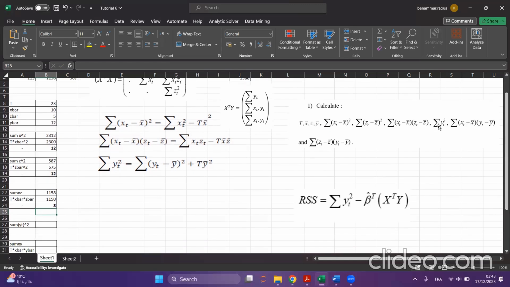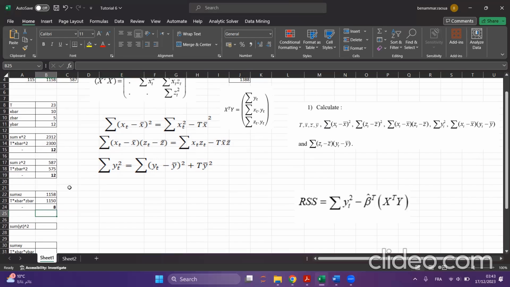Next, we're asked to determine the sum of yt squared. So we're going to be using the same method to find it. The sum of yt squared is equal to the total sum of squares plus T y bar squared. We have been given the total sum of squares.